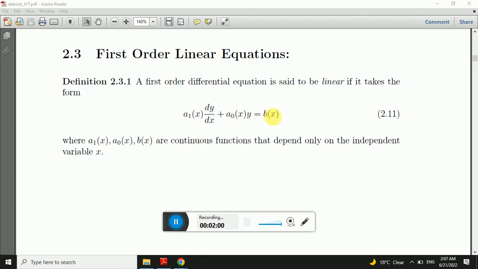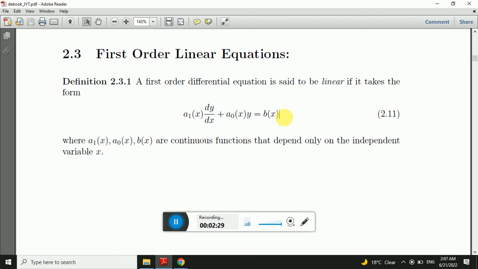Or if this b of x is a function of y, then still our differential equation will not be linear. So a first order differential equation is said to be linear if it is of this form. You have a coefficient of x dy dx plus a coefficient of x y equaling b of x.